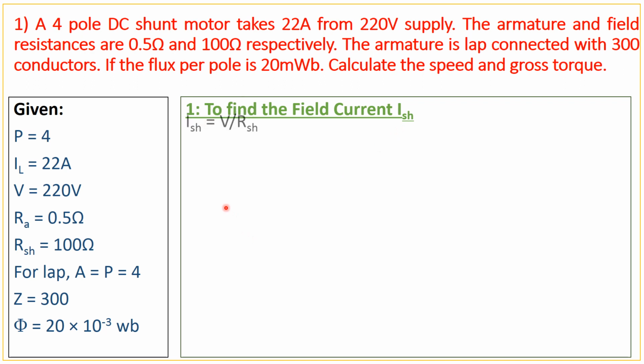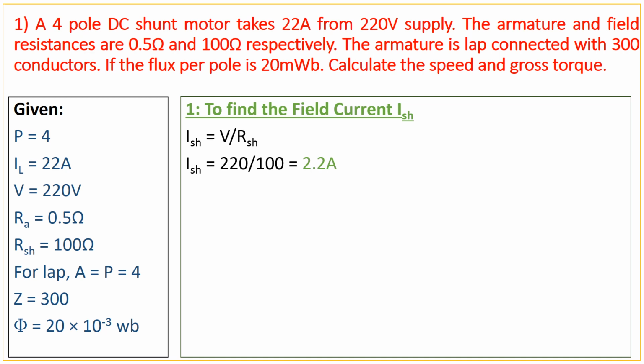I know that ISH is equal to V by RSH, where V is equal to 220 volt and RSH is 100 ohm. Therefore, ISH is equal to 220 by 100, which will give you 2.2 amperes. So now I know IL as 22 amperes and ISH is equal to 2.2 amperes.